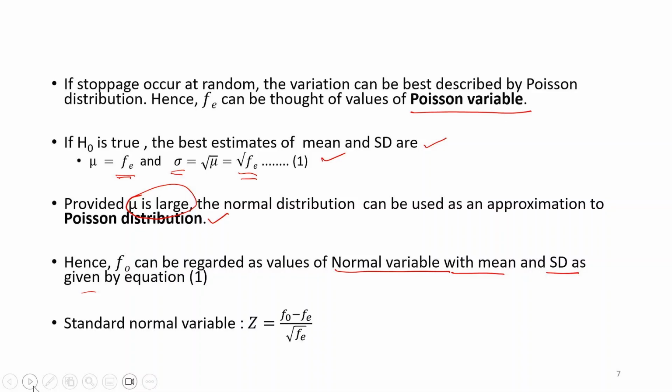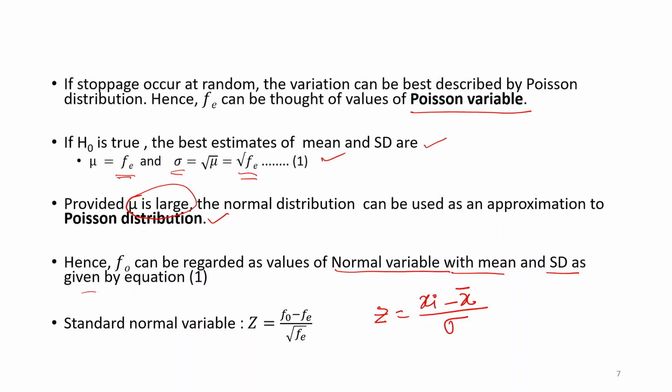And if it is a normal distribution, we know what the normal variable z is. Z is going to be F0 minus Fe by root over Fe. If you try to recall the z value, how did we write it earlier? As xi minus x bar by sigma.